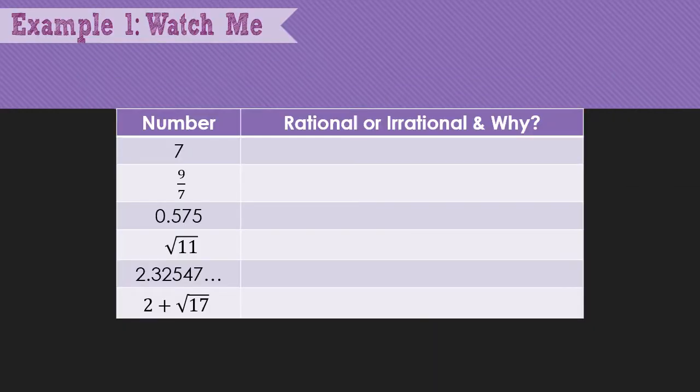In our first example, we're going to take this list of numbers and classify each of them as either irrational or rational, and we're also going to include a reason why we think that's the case. So the number 7, that is rational, and I would just say because it can be written as a fraction. Nine over 7, that's also going to be rational.